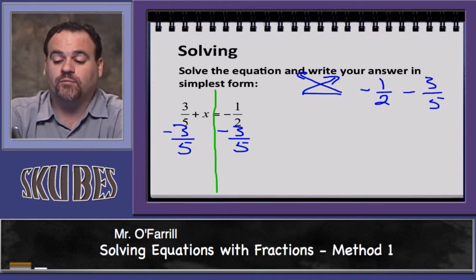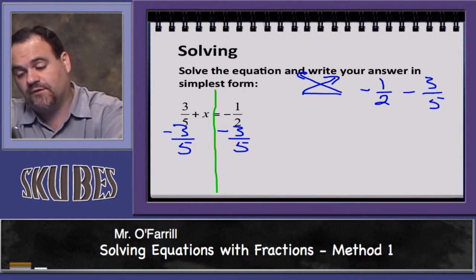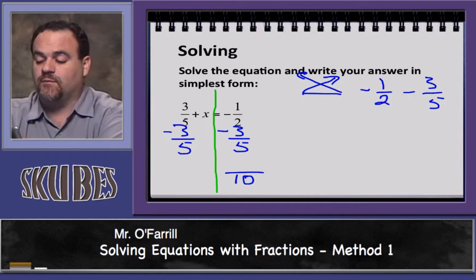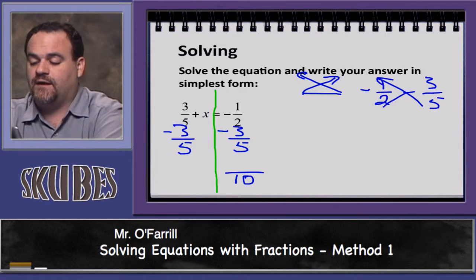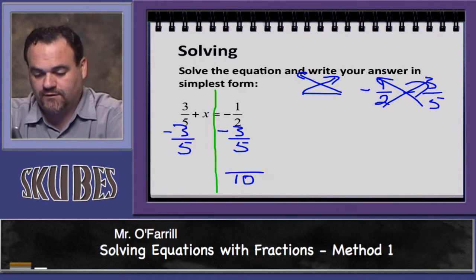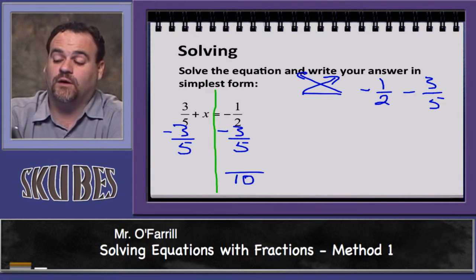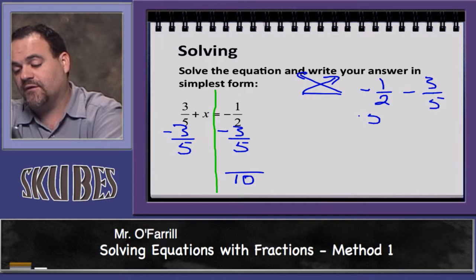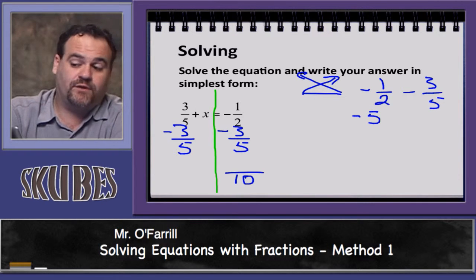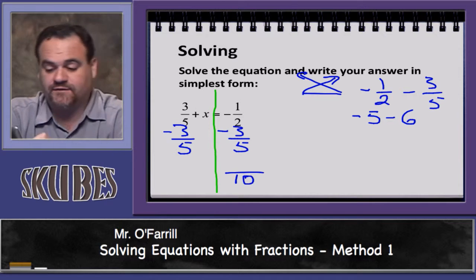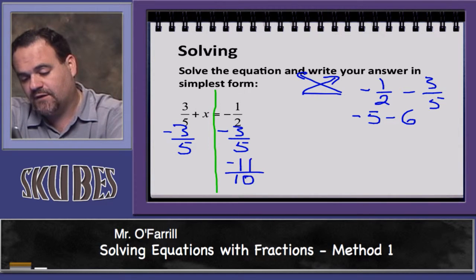Step 1, multiply across the bottom, or the denominator. 2 times 5 is 10. And then we multiply at an angle in both of those cases. 5 times negative 1 is negative 5. 2 times negative 3 is negative 6. And negative 5 and negative 6 is negative 11.